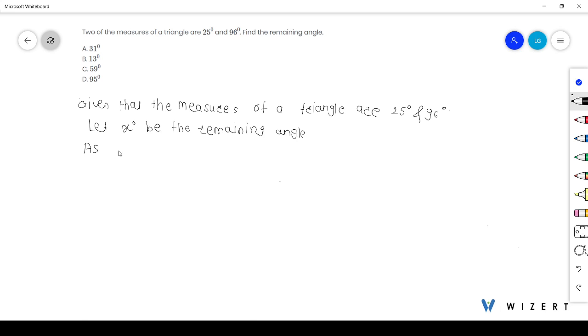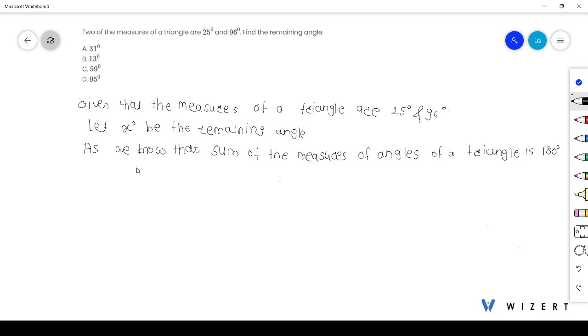As we know that the sum of the measures of angles of a triangle is 180 degree.